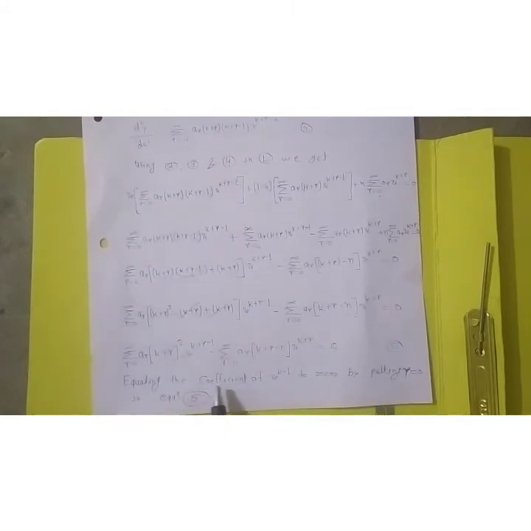In equation fifth, equating the coefficient of x^(k−1) to 0 by putting r = 0.